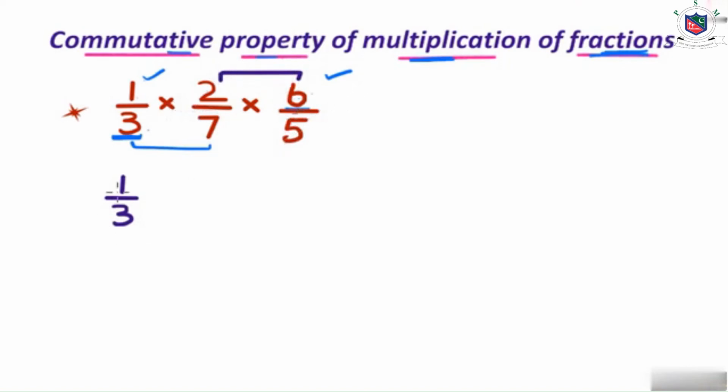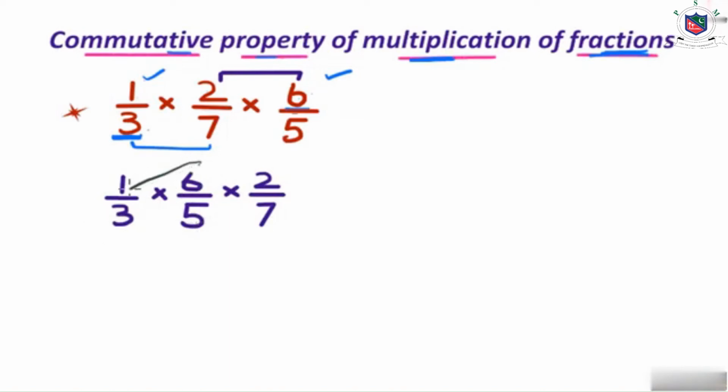We can write this fraction at the place of 2 upon 7, like this: 1 upon 3 multiplied by 6 upon 5, and now 2 upon 7 we can write at the third position.